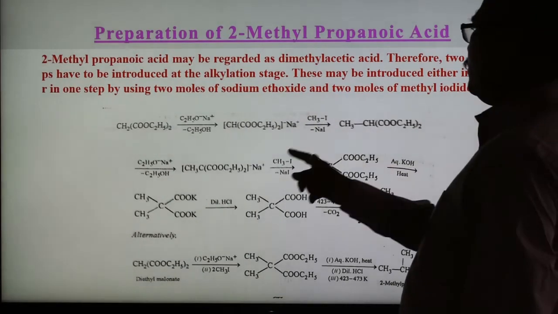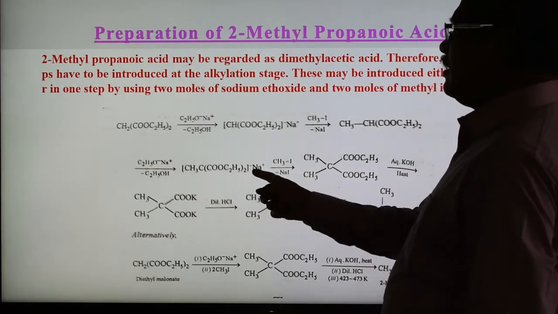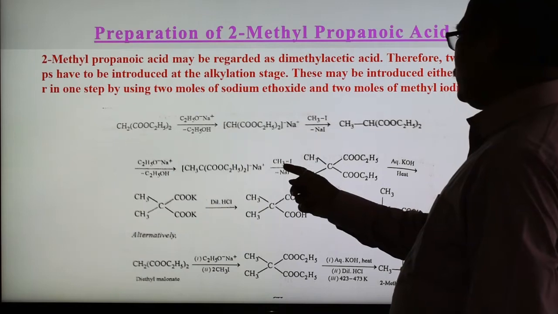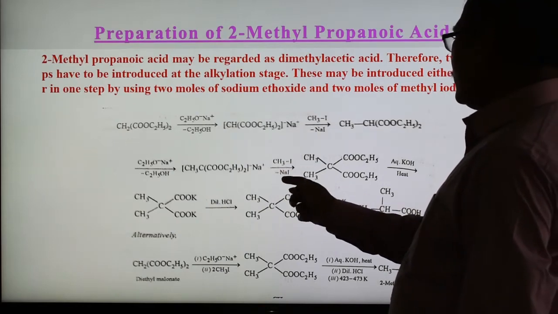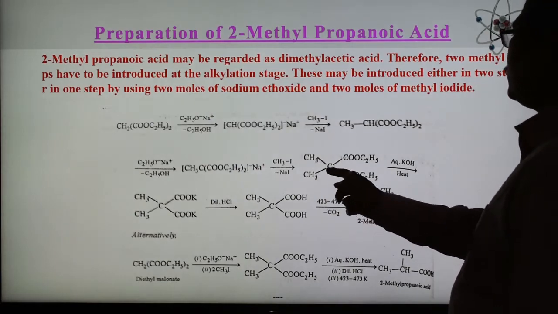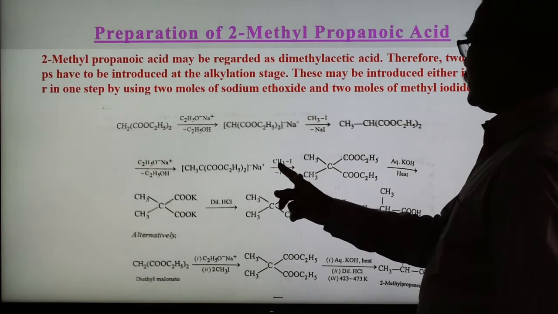So this is 1 molecule. Then again it reacts with the sodium ethoxide forming the negatively charged enolate ion, and after that again reacts with the second molecule of methyl iodide, and sodium iodide is lost and the CH3 group is attached in this way. So 2 CH3 groups are here, 2 methyl groups we have to introduce at the alkylation stage, 1 molecule, and this is the second molecule.